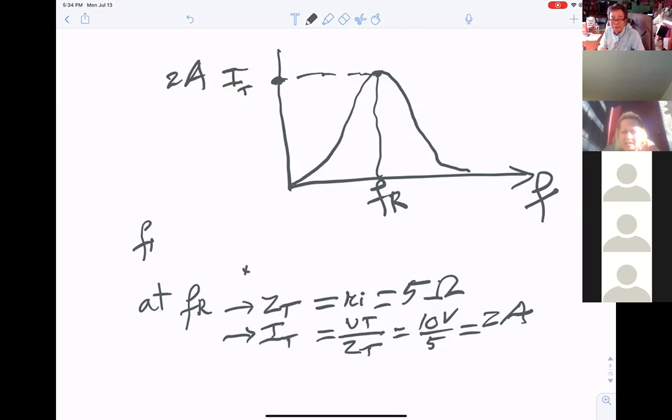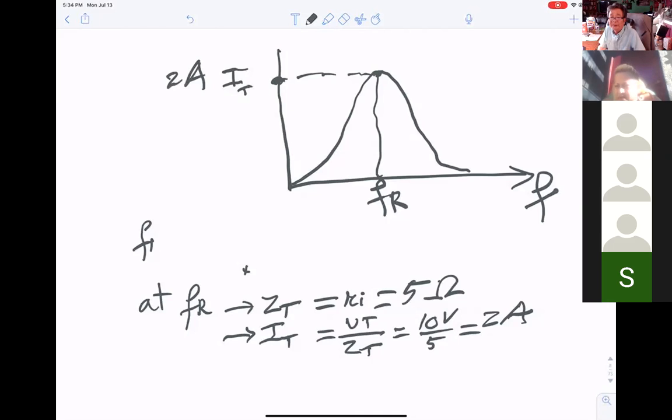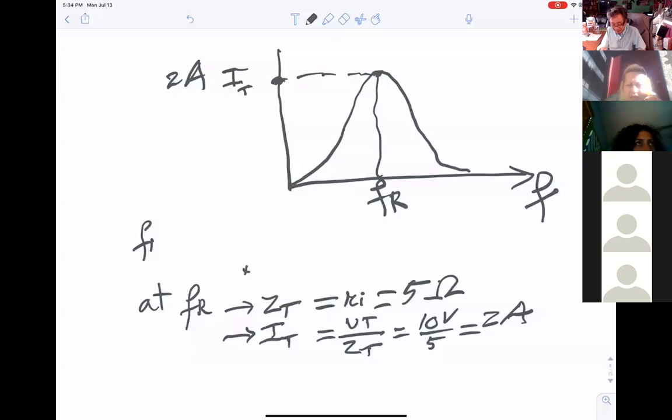That's why, looking here, you can say Fr equals 5-something hertz, and the maximum current will be 2 amperes.